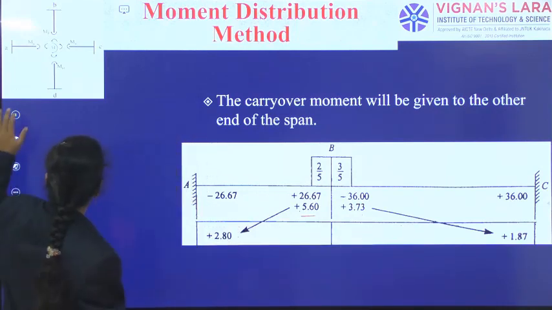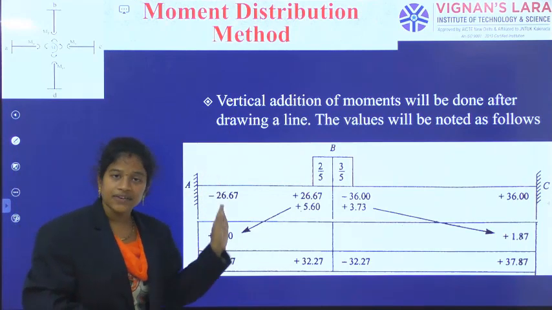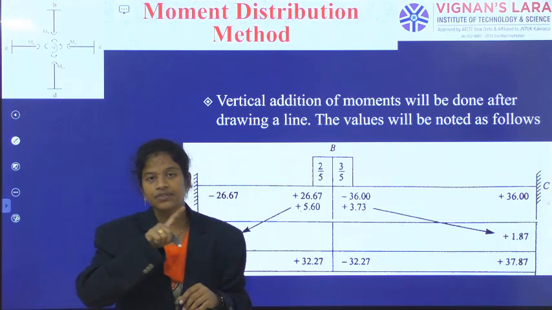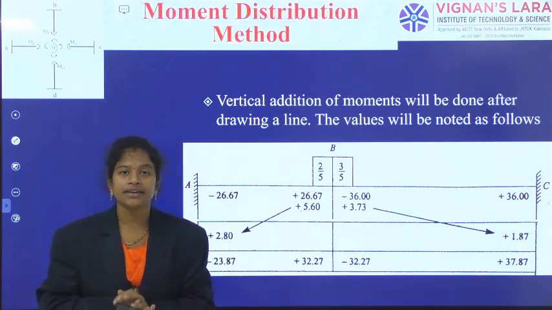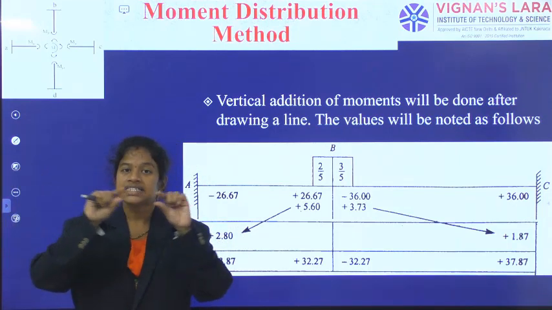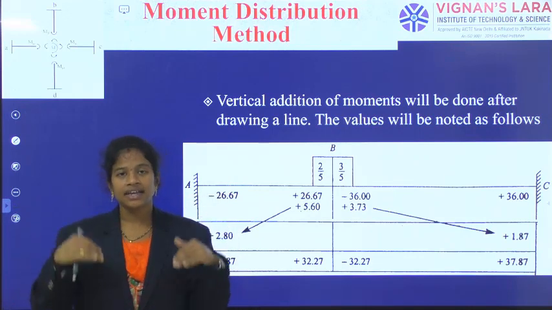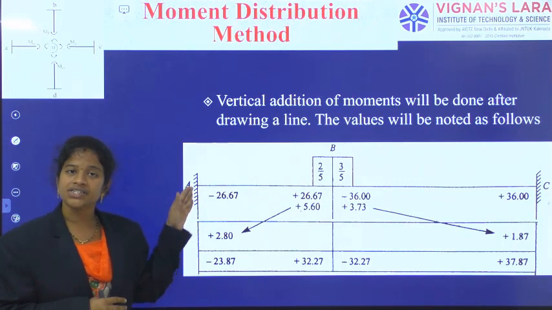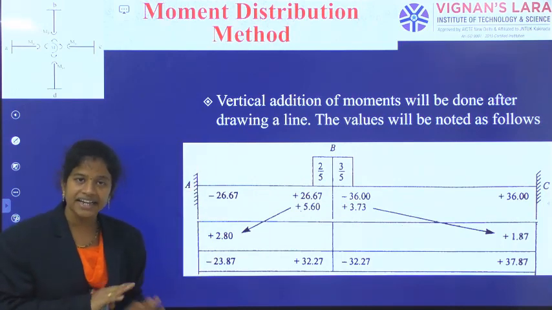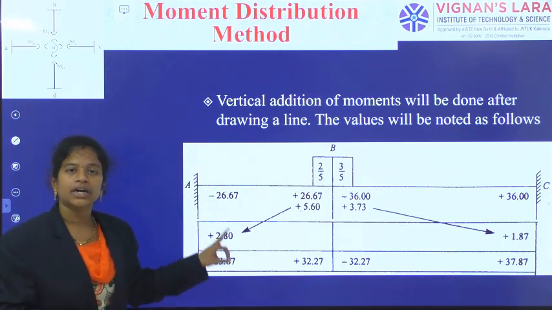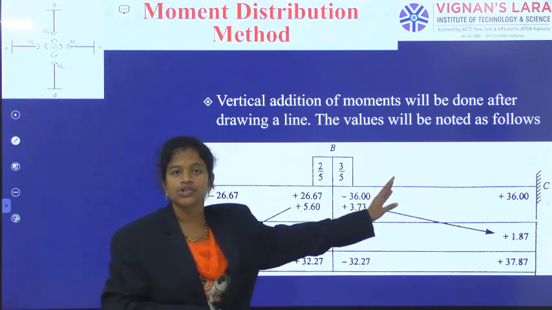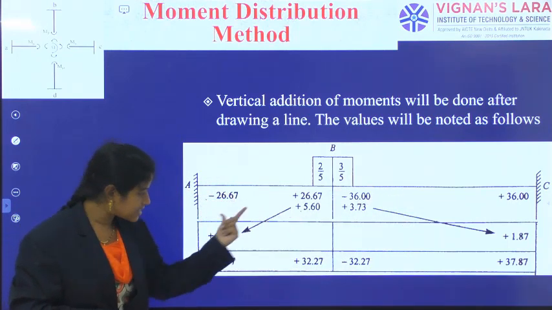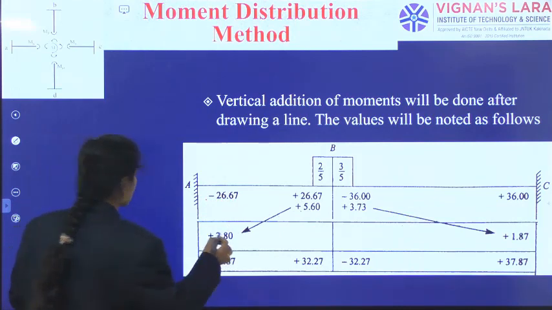Okay. The next thing, the vertical addition is happening. So here there is no separation with two solid lines. Why is there no two solid line? Because there we had given a simply supported end separation and then we had given the moments. Here there are no simply supported ends, so there is no separation. Till now we have not done any addition. So from the top till now, what are the values that we have to add now? From the top, minus 26.7, and just now I have got these carryover moments.